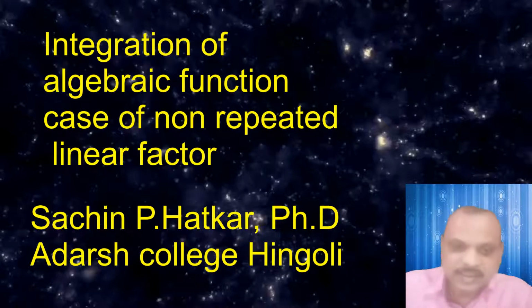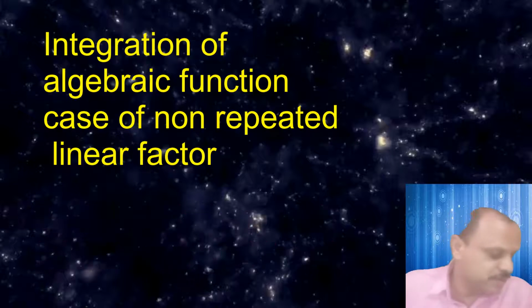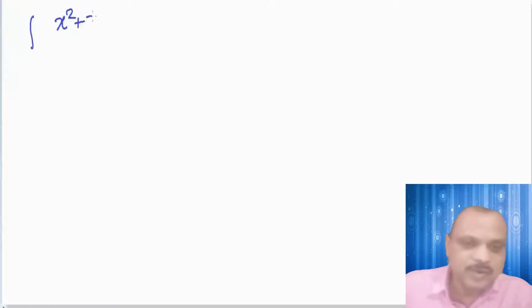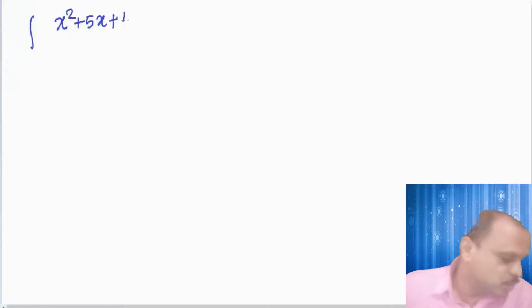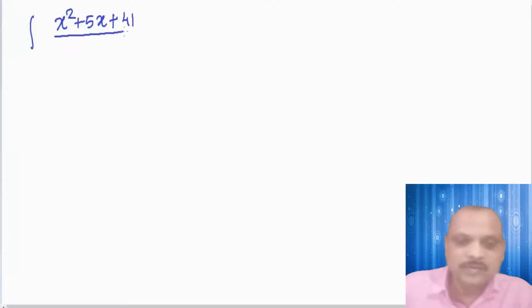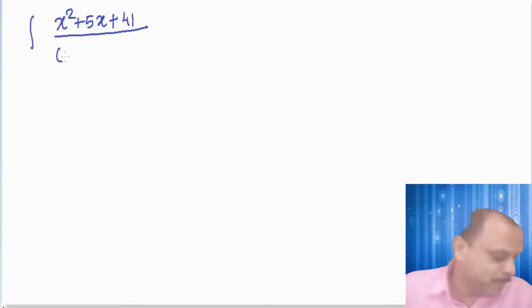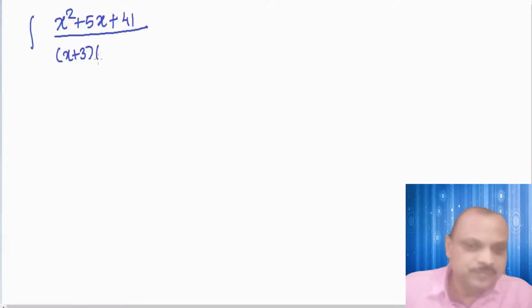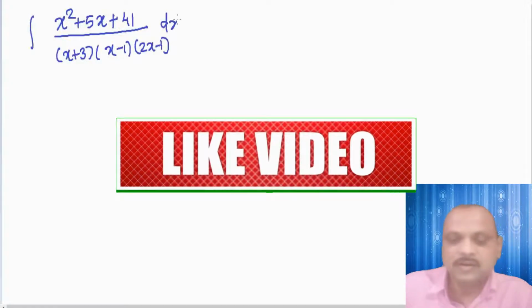We have to integrate the integration of x square plus 5x plus 41 divided by x plus 3 into x minus 1 into 2x minus 1.